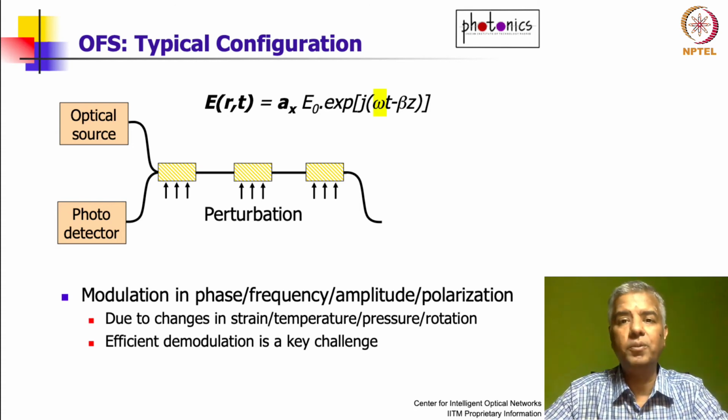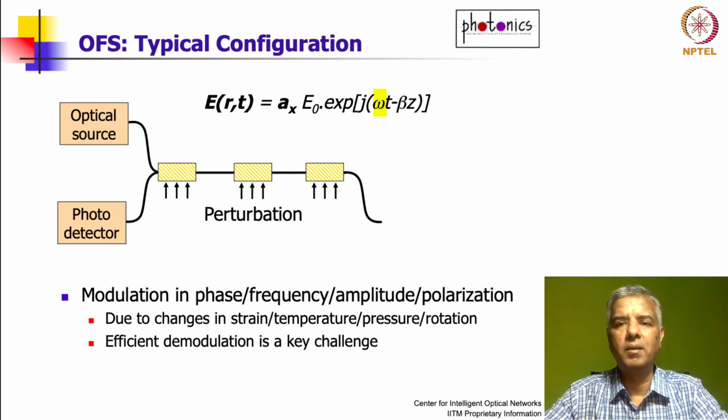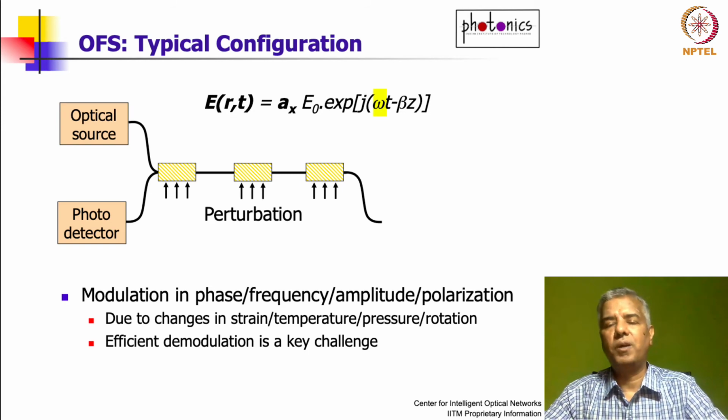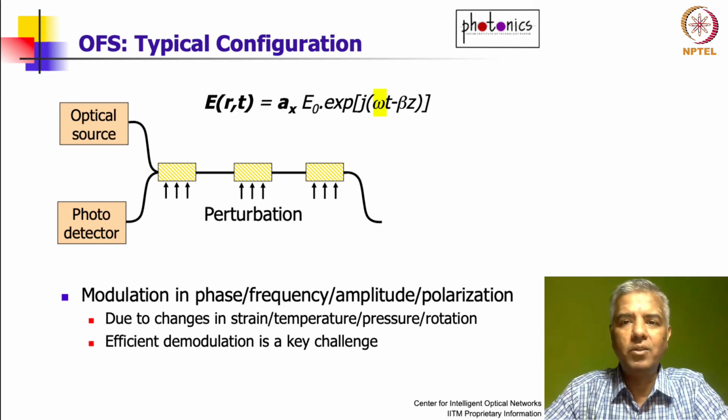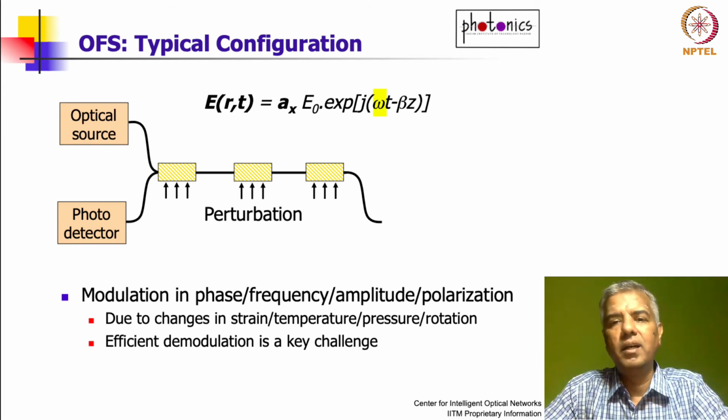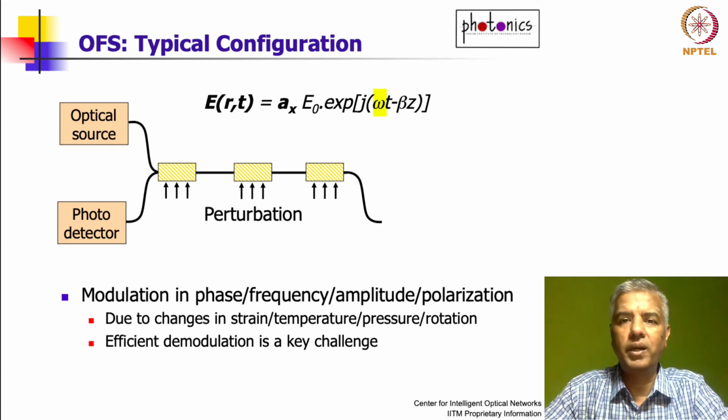It's not corrupted in the process of propagating over long distances, right? So from that perspective, wavelength encoded sensors are quite different, and they are quite rugged as well. They're more impervious to noise, if you may want to call that.